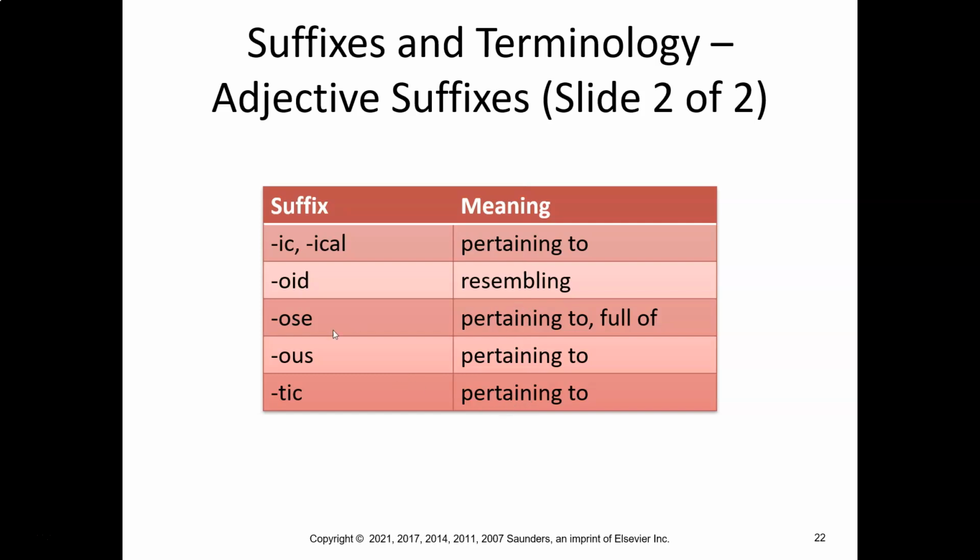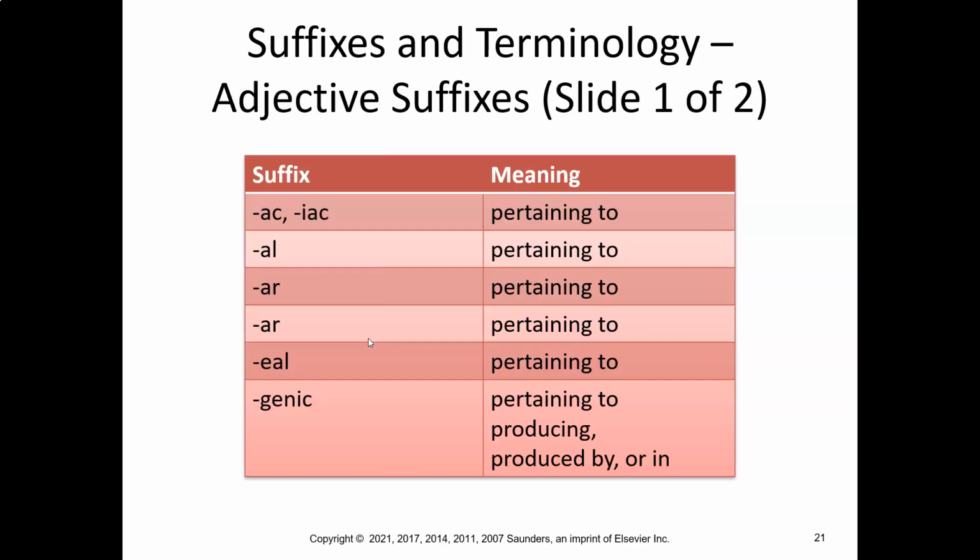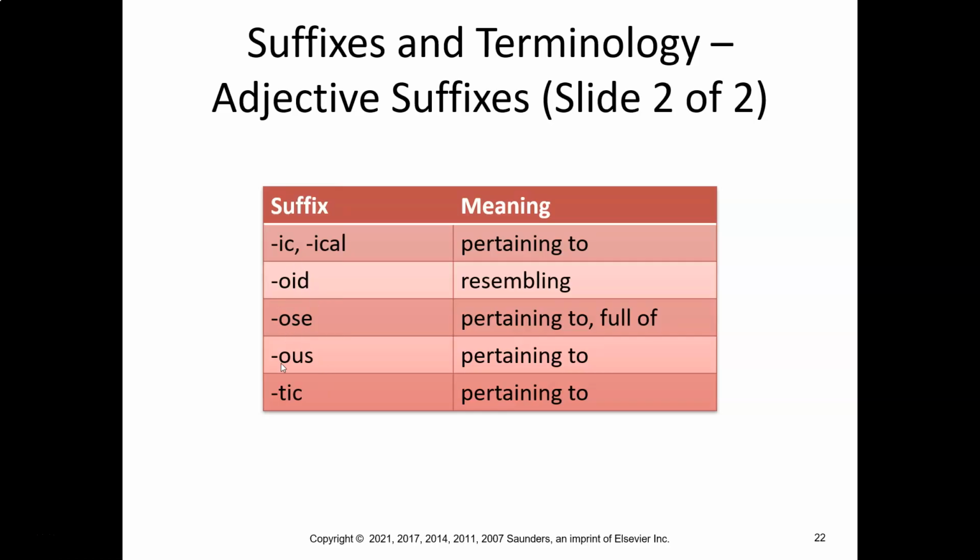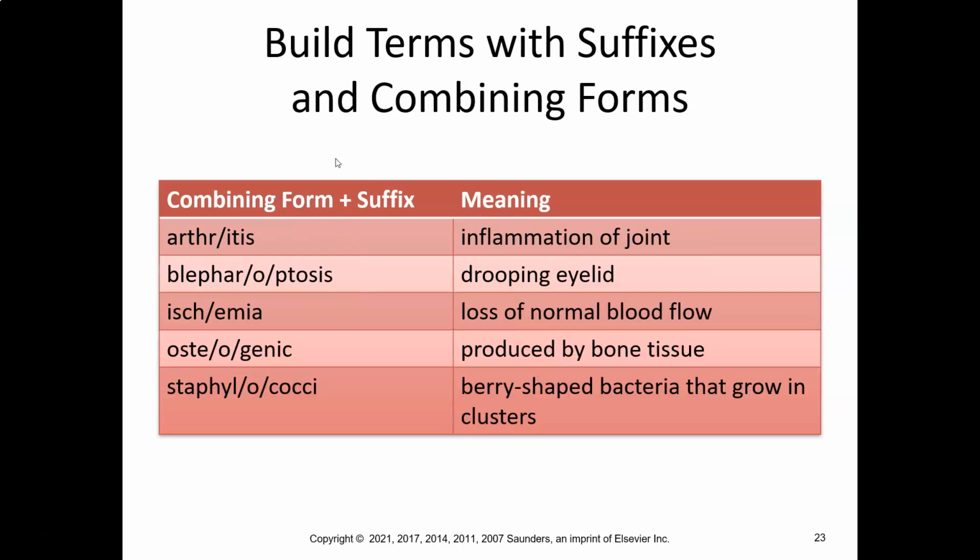So look at all these suffixes that all mean just pertaining to or resembling: ac, al, ar, eal, genic, ic, oid, ous, tic. All mean the same thing. So this is a good area to concentrate and say, wow, I didn't know that all that just meant the same thing. So again, building terms with suffixes and combining forms.